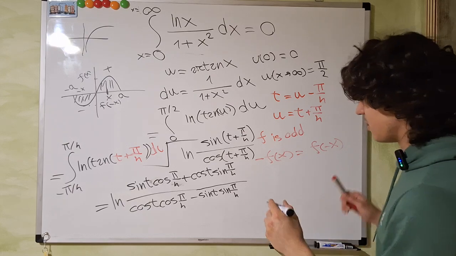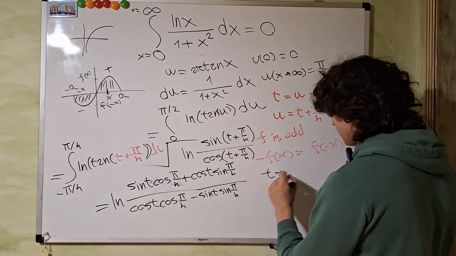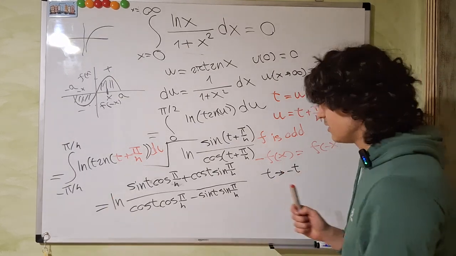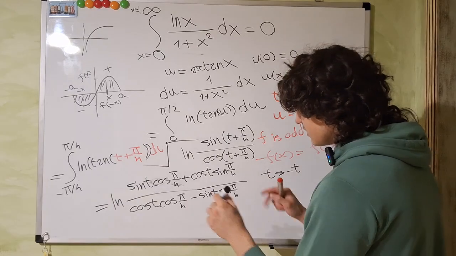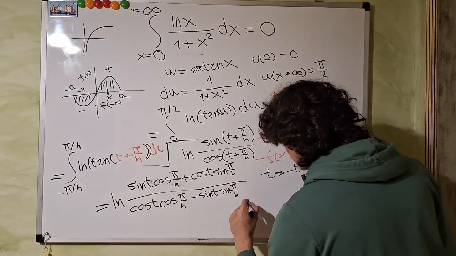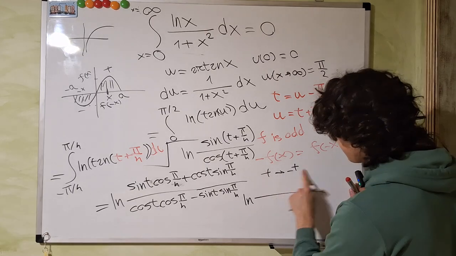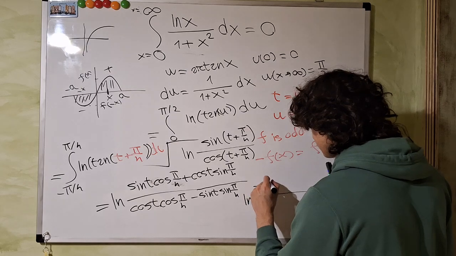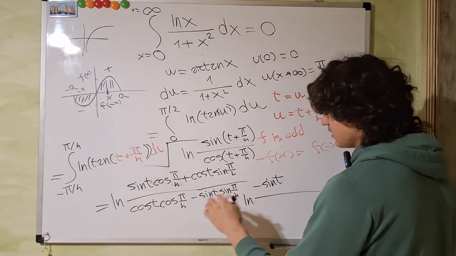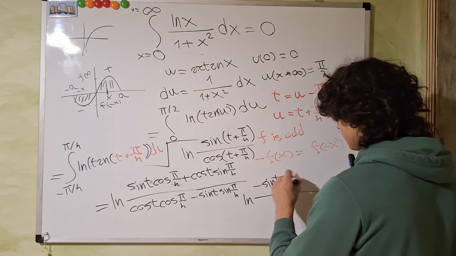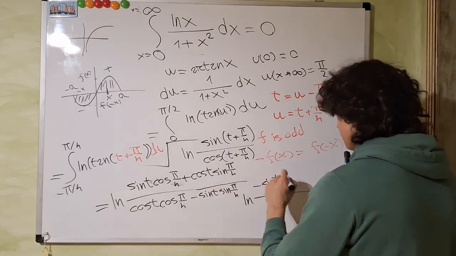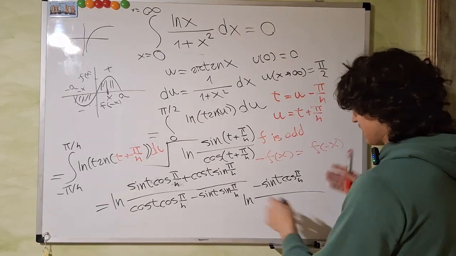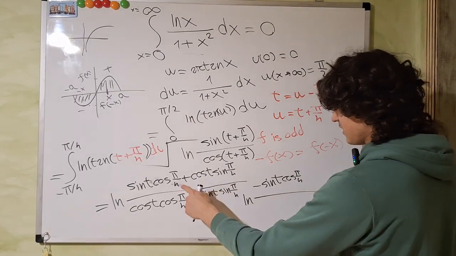Well, what happens if we replace t by minus t? It just means look at what happens on the other side. Let's see. So we have natural log of, we're replacing t with minus t. Sine of minus t is minus sine of t. And I won't bother about these constants while I'm writing them, so you don't get confused from all of these terms disappearing from the whiteboard.